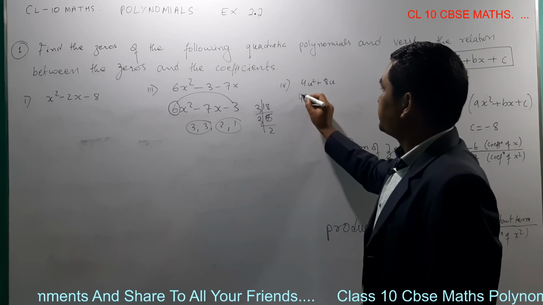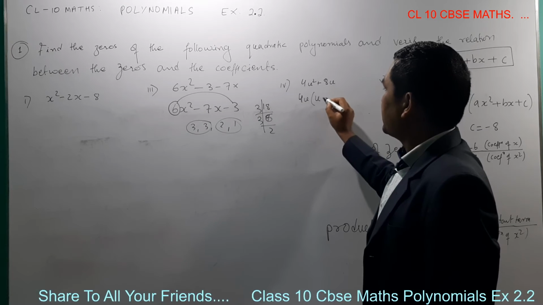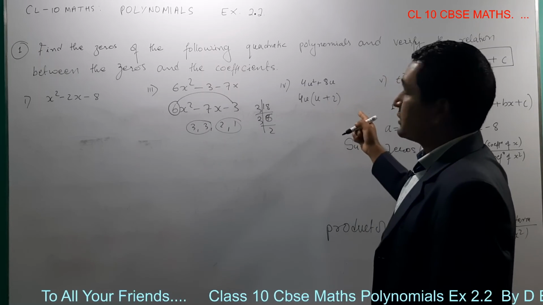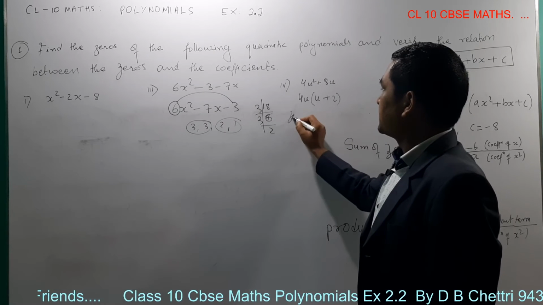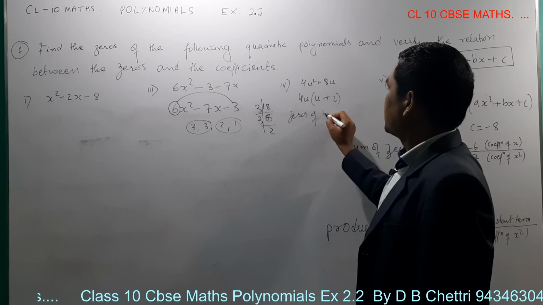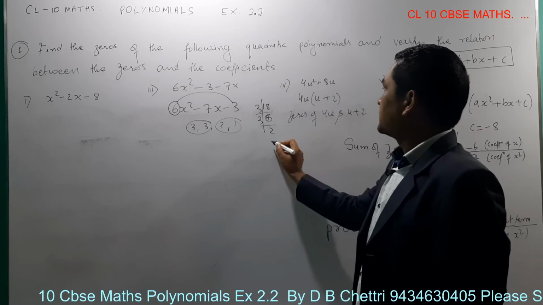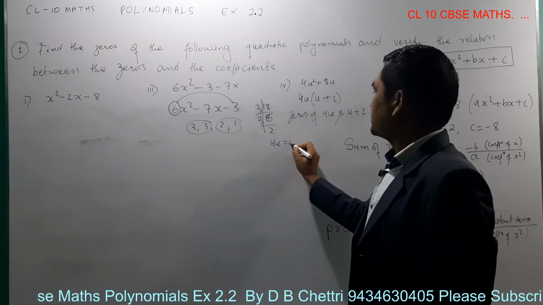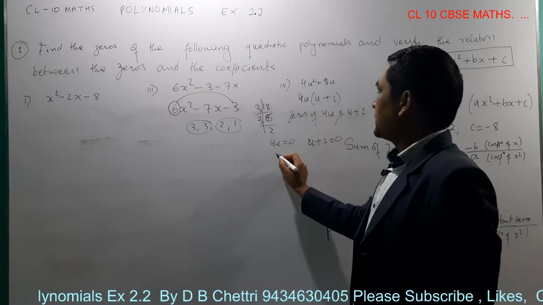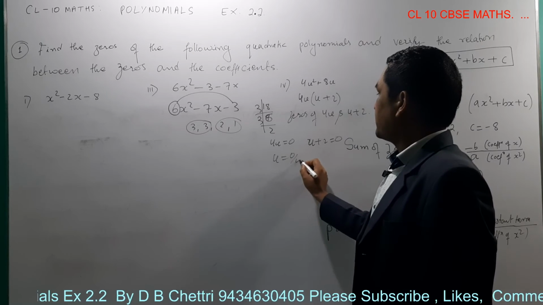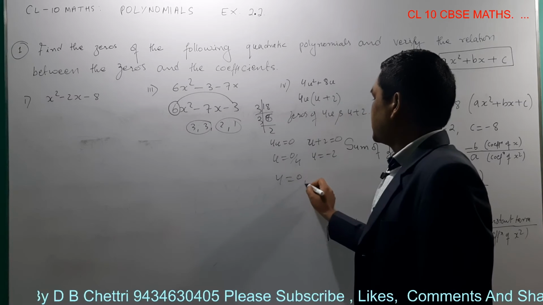That means 4u, then what is left from here? u, and what is left from here? 2. Then how to get the zeros of this one? Zeros of 4u and u plus 2. 4u equals 0 and u plus 2 equals 0, then u equals 0 by 4, and u equals minus 2, so u equals 0 and minus 2.